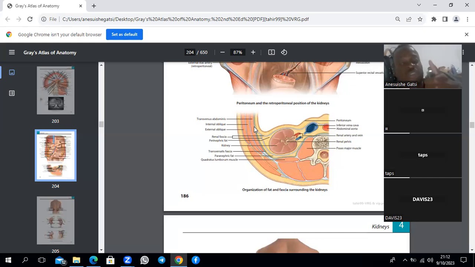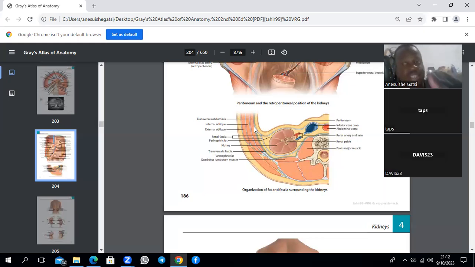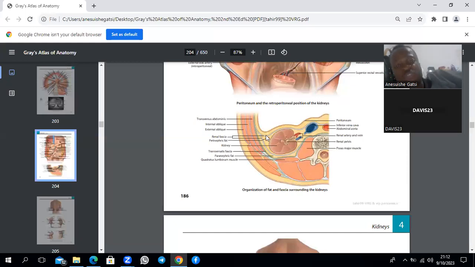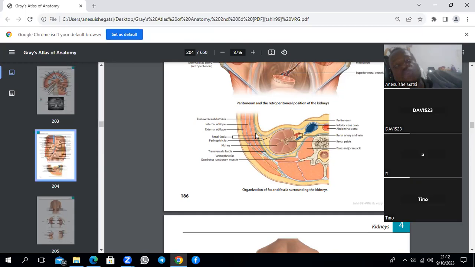Remember the walls of the abdomen: skin, superficial fascia, which we divide into the fatty layer and the membranous layer, deep fascia, muscles, after the muscles, there was fascia transversalis. So this renal fascia is continuous with fascia transversalis.